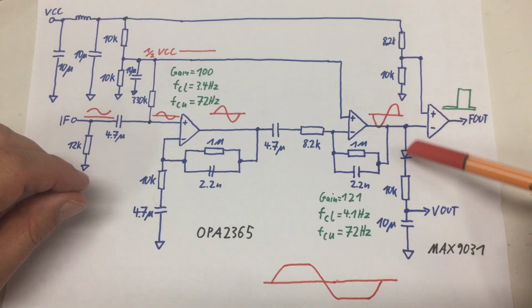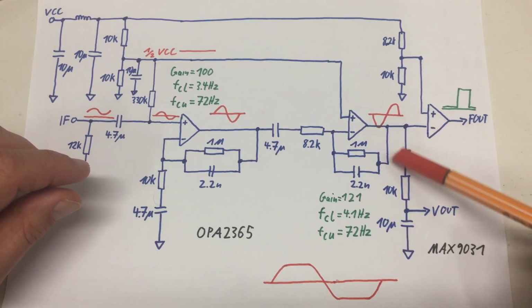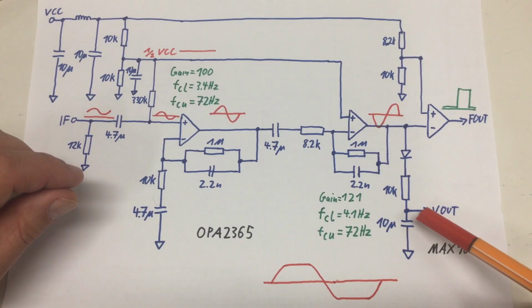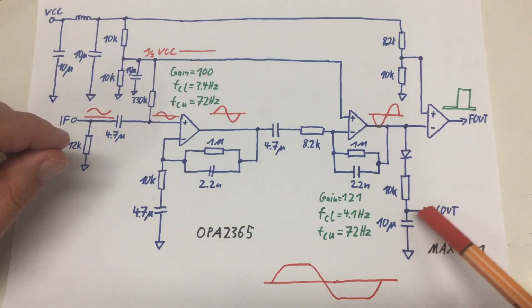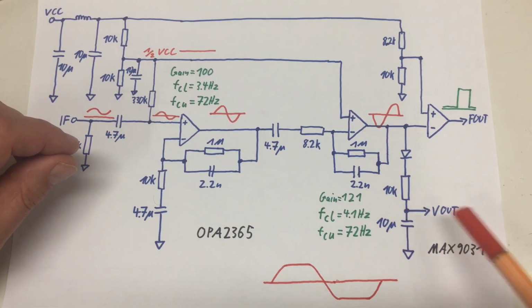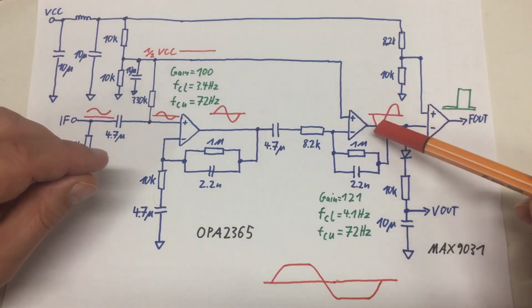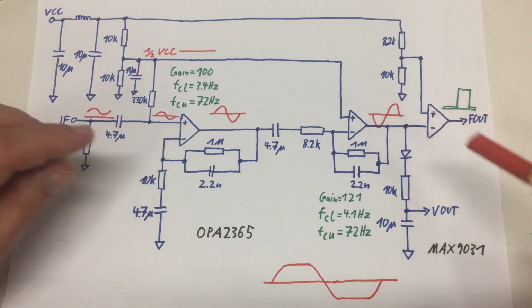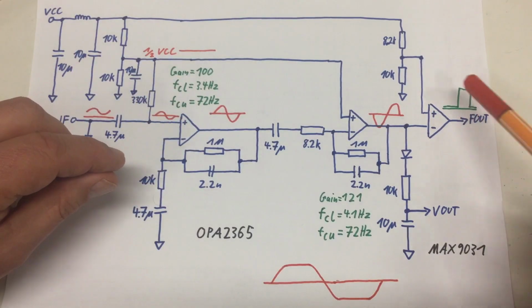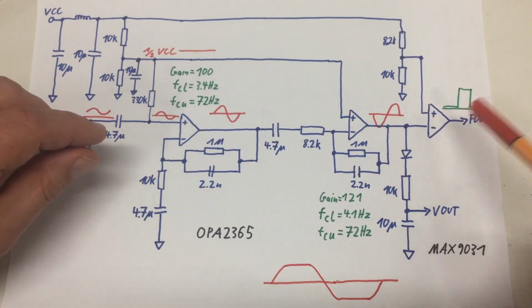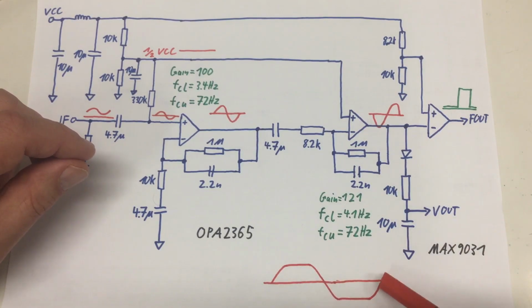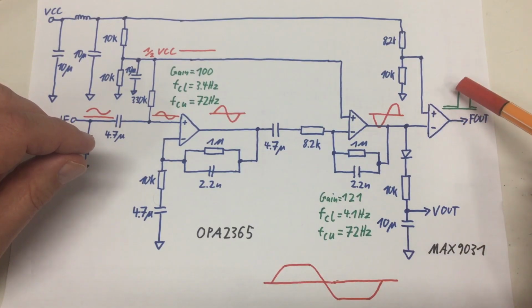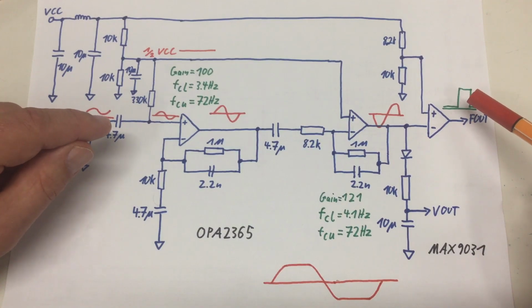Then follows a simple diode peak detector here, with capacitor, resistor, and of course the diode. That gives us that V out signal that indicates if we have a good signal level here. And finally, there's that comparator here that transforms our sine wave or our capped sine wave into a nice 5 volt square wave signal.